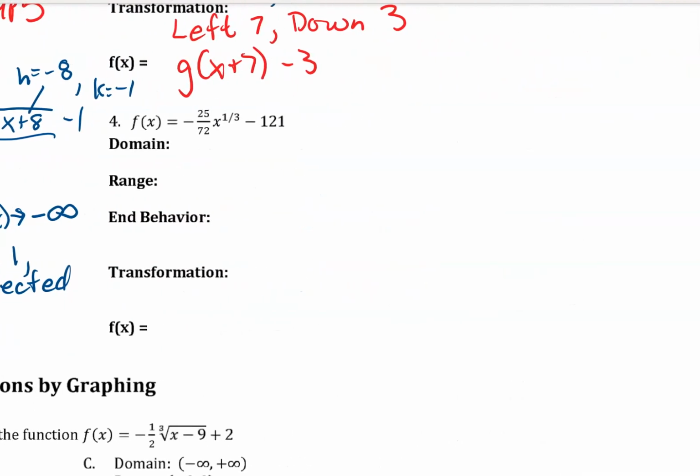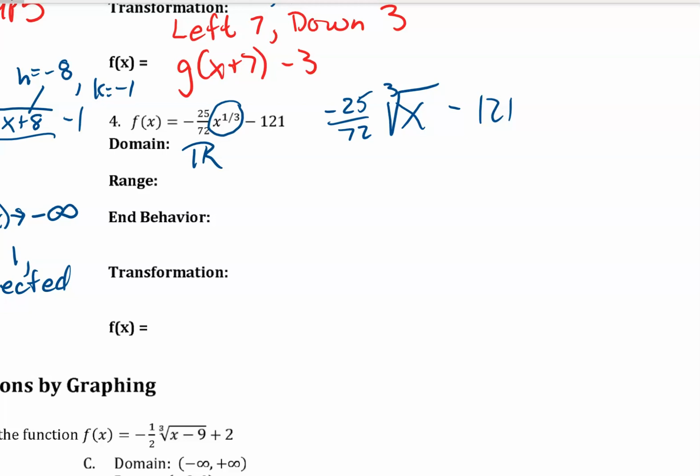Number 4. X to the 1/3 is really the cube root of x, so I can rewrite this as negative 25 over 72 times the cube root of x minus 121. So my domain, well, I can have positive x or negative x, no restrictions there.